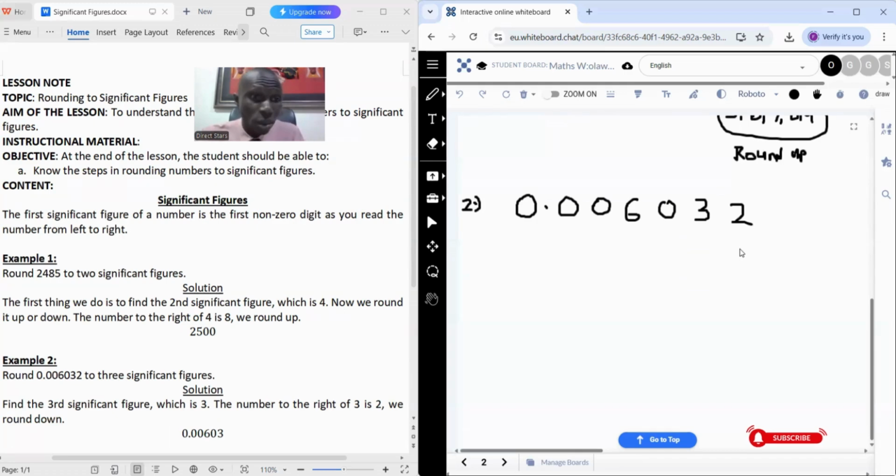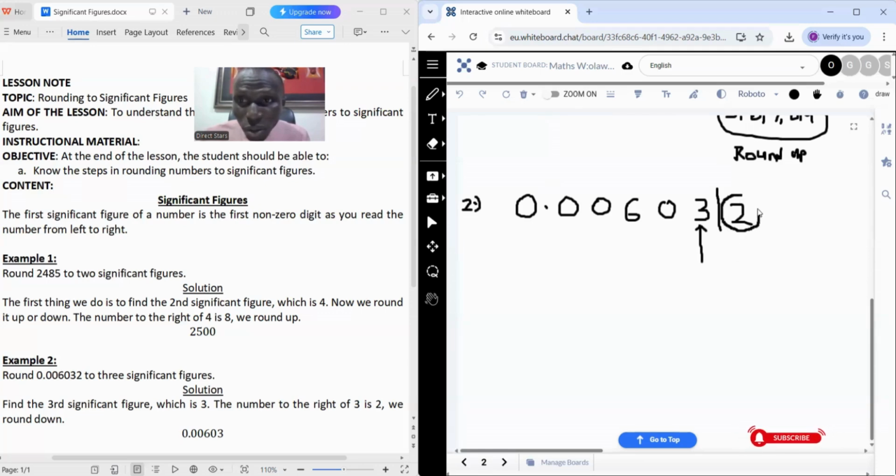Now, the first thing that we're going to do here is to find the third significant figure. And the third significant figure here will be 3, as 6 is the first significant figure, the second significant figure is 0, and the third is 3. Then after that, you're going to put a bar after the 3. Then look at the number that is to the right, or just after the bar. Then we have it to be 2.